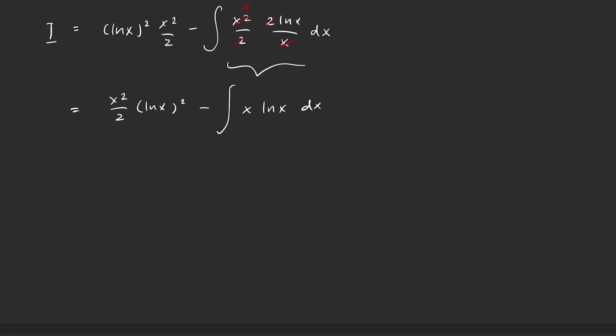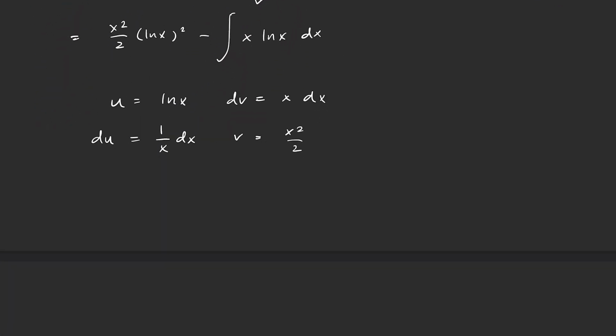This time we have another logarithmic function, so we use ln x as u, and dv is x dx. If we differentiate u, we get 1 over x dx, and we can integrate dv to get x squared over 2 again.